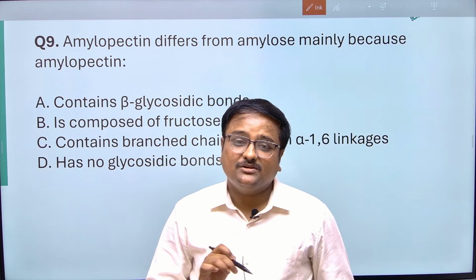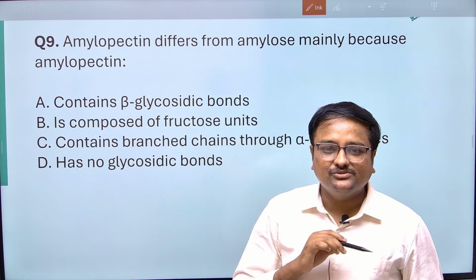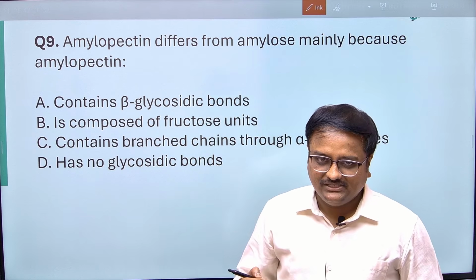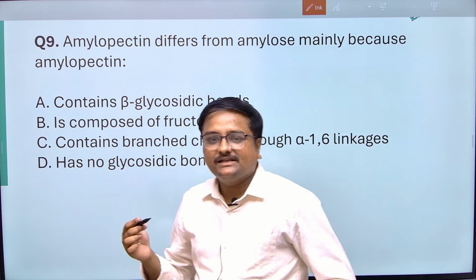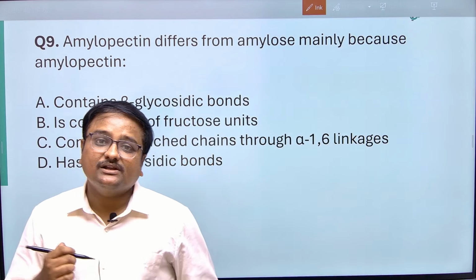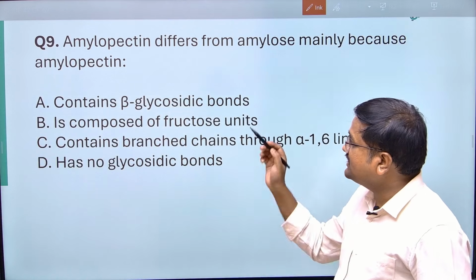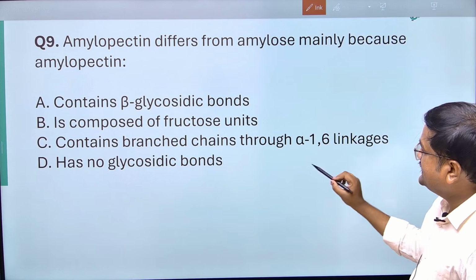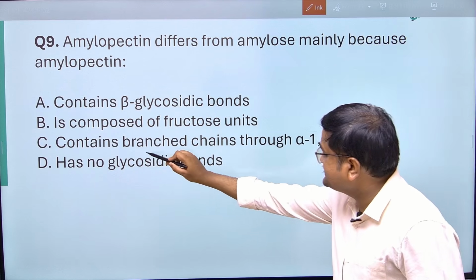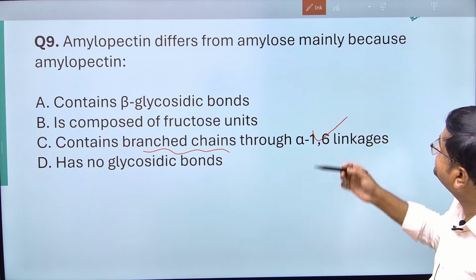Though it is composed of glucose molecules, the arrangement of these glucose linkages is branched. That is, they are composed of alpha 1,4 and also alpha 1,6 linkages. So the right answer to this question is that it is composed of branched chains through alpha 1,6 linkages. Next question.